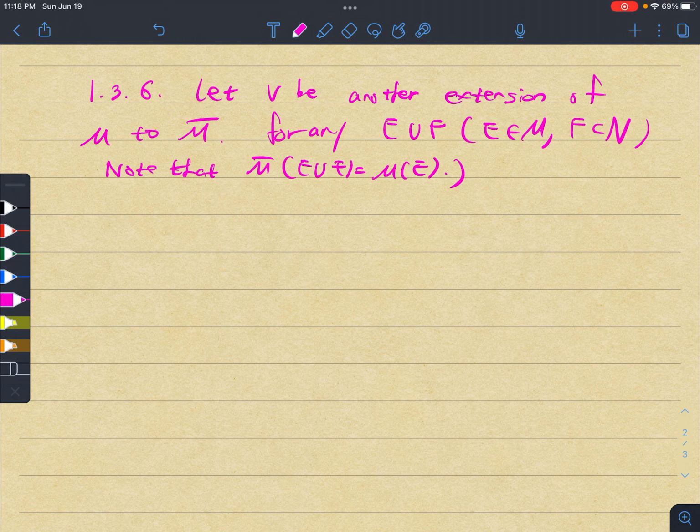Then we can easily see that mu bar of E union F is mu. I've been saying it U, but it's actually mu.